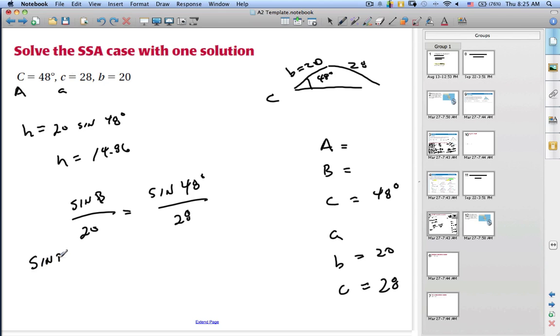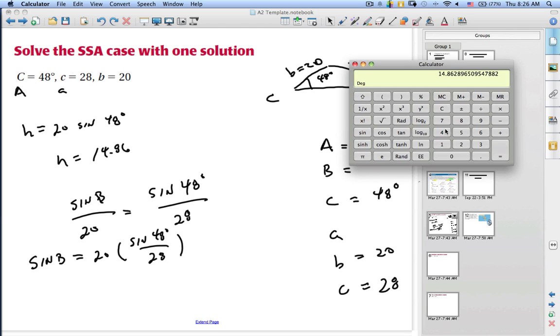So I know that the sine of angle B will be equal to 20 times the sine of 48 divided by 28. But remember, when I find the sine of B, I want to find angle B, so I'll use the inverse sine to find that. So let's go ahead and do that.